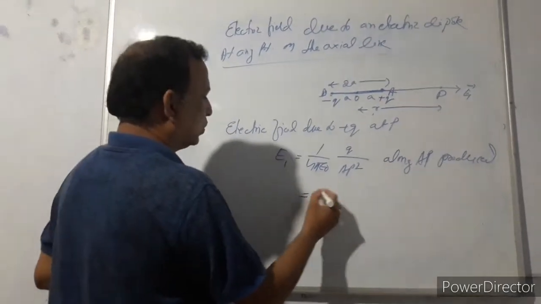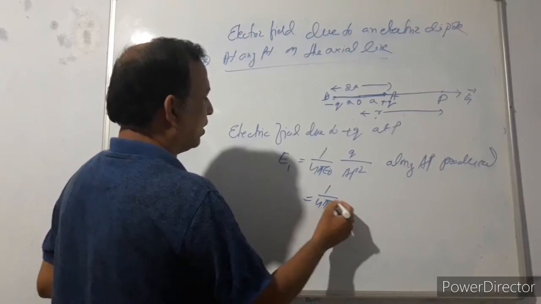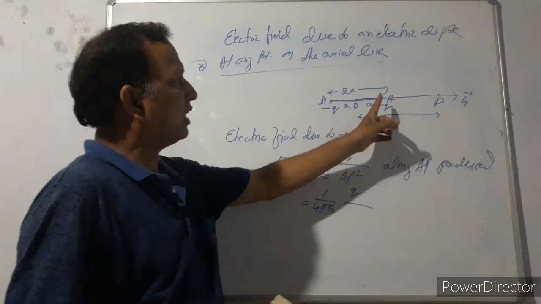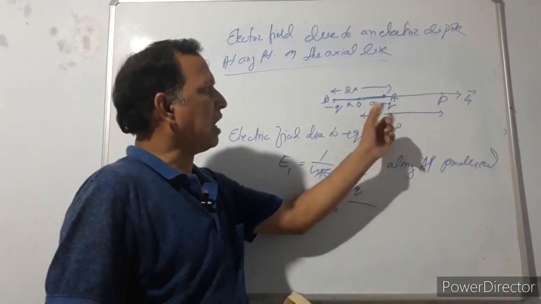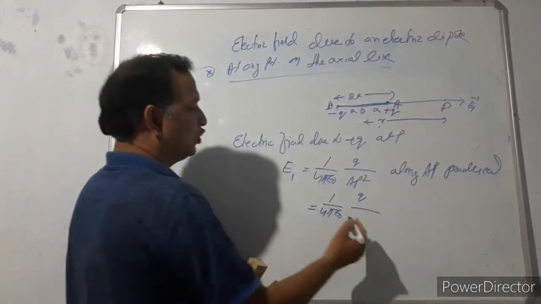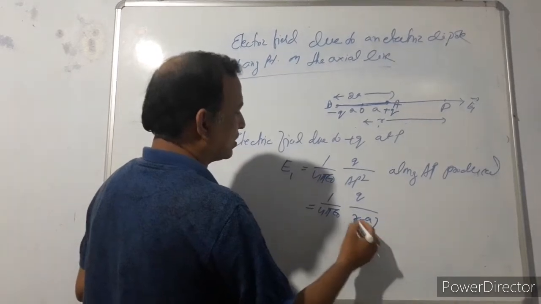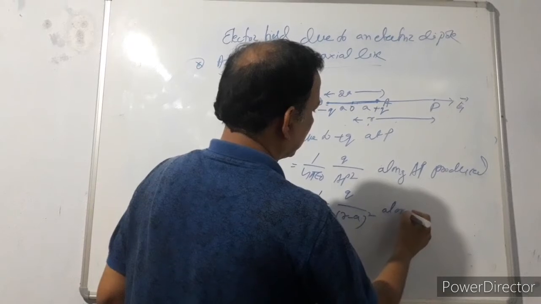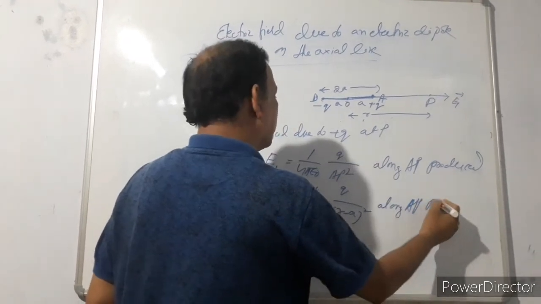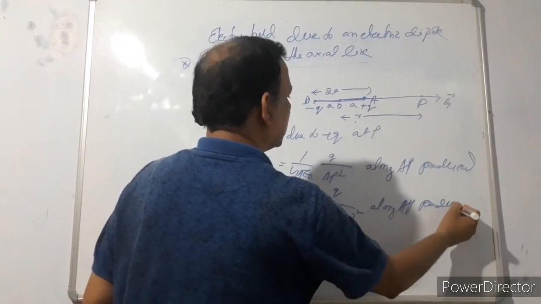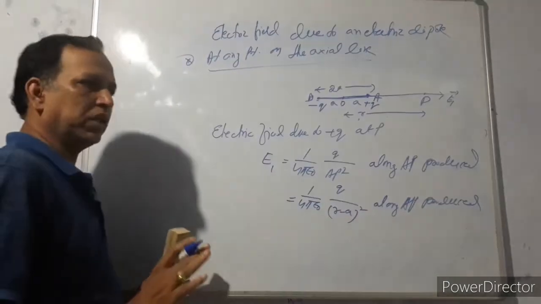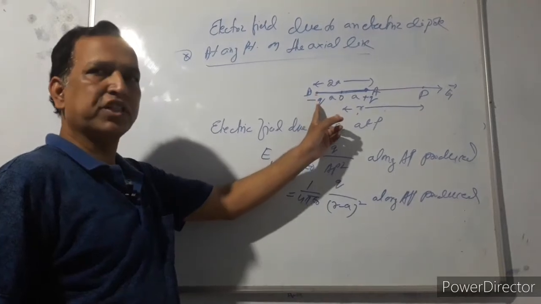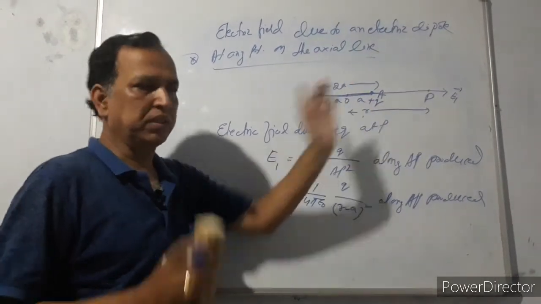So that is equal to 1 by 4 pi epsilon naught q by AP square, and AP means r minus a. So that is equal to 1 by 4 pi epsilon naught q by r minus a whole square along AP produced. Clear?